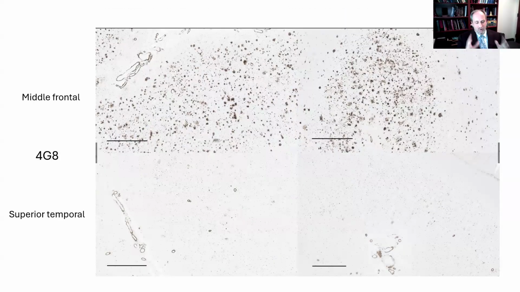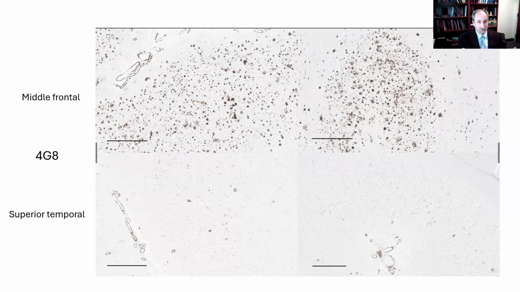It's also important to keep in mind, this is after just 3 doses. So this is really in the subacute phase of treatment, and it overlaps with that phase where you see the imaging abnormalities. So I think what we're looking at, to some extent, is the pathologic substrate for these imaging abnormalities. But even after just 3 doses, we could see some evidence of clearance of A beta. The top panels are middle frontal cortex, the lower panels are superior temporal, showing a marked difference.